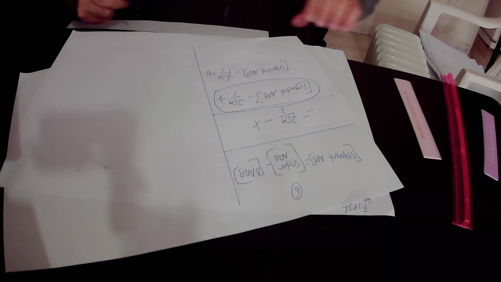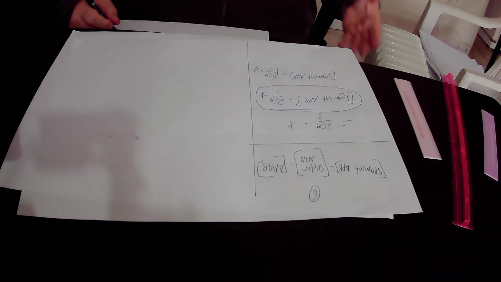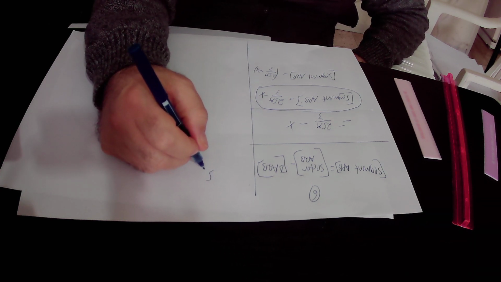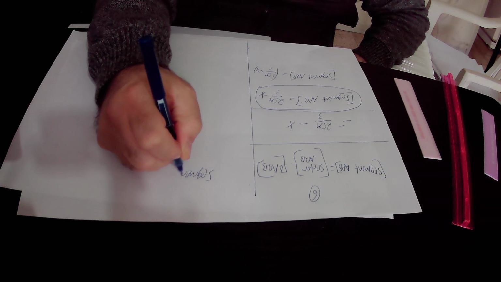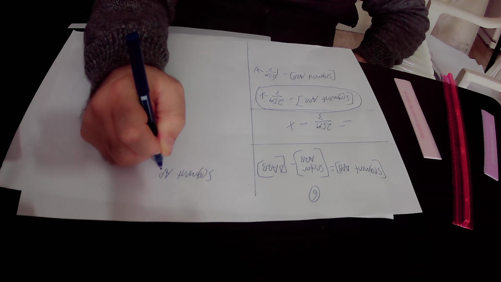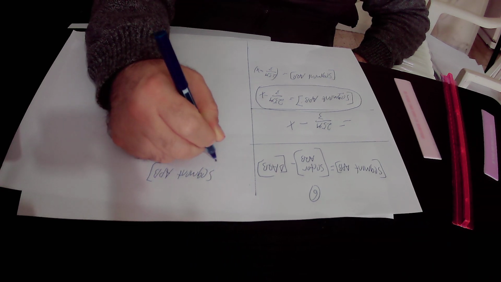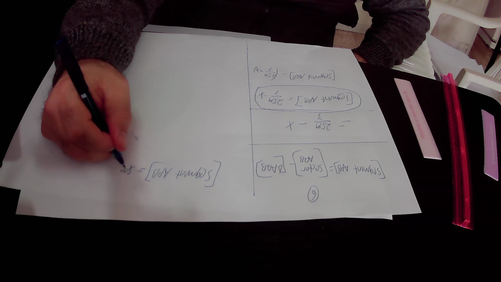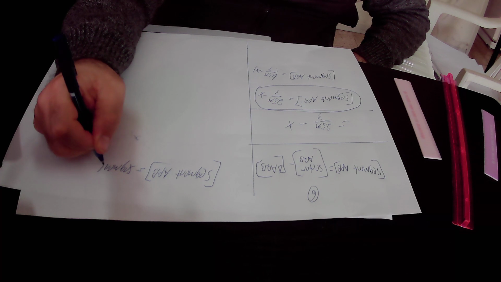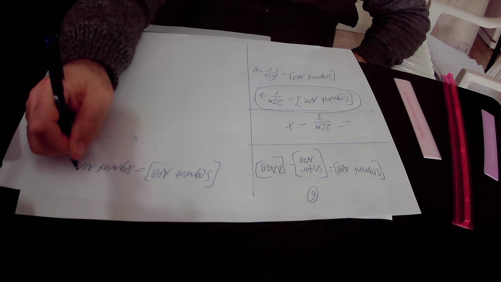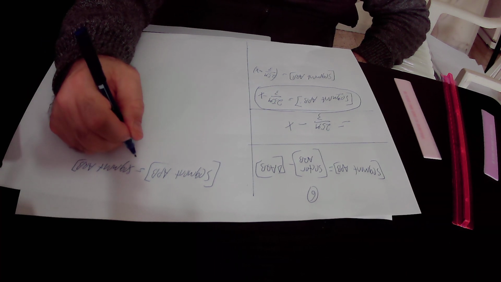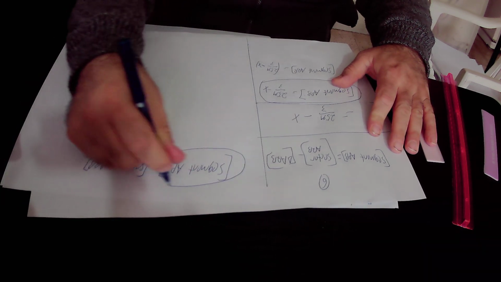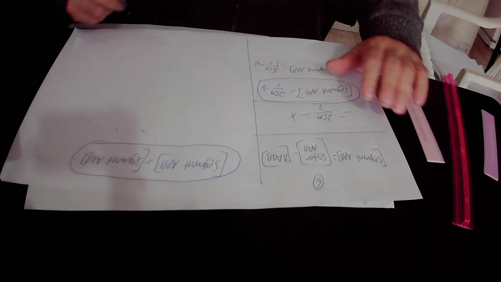So we'll conclude that the area of segment APB is equal to the area of segment AQB. Repeat again, we conclude that the area of segment APB equals the area of segment AQB.